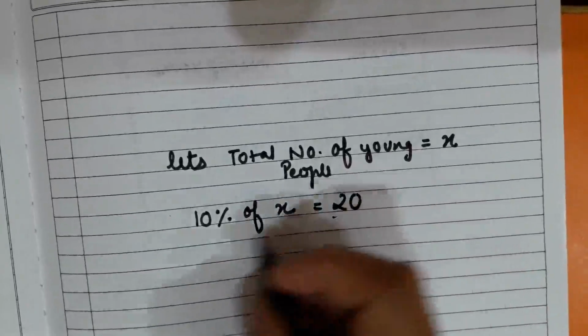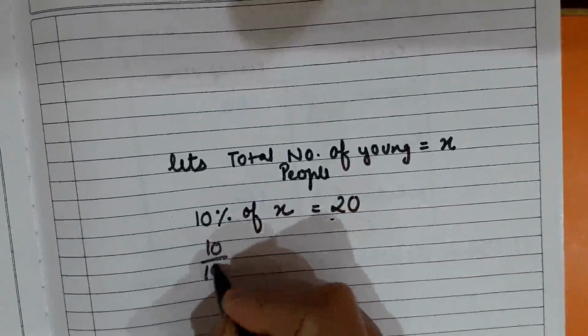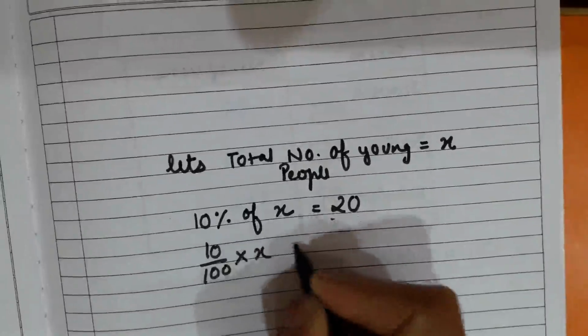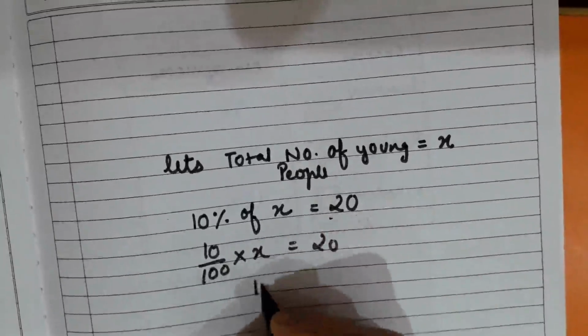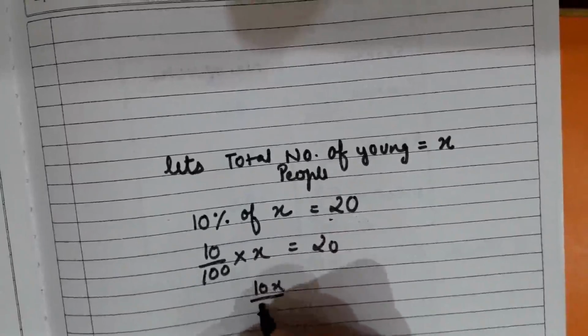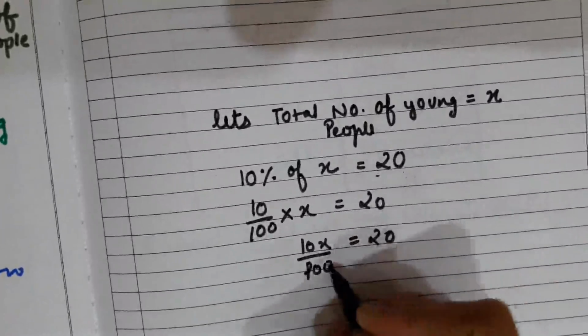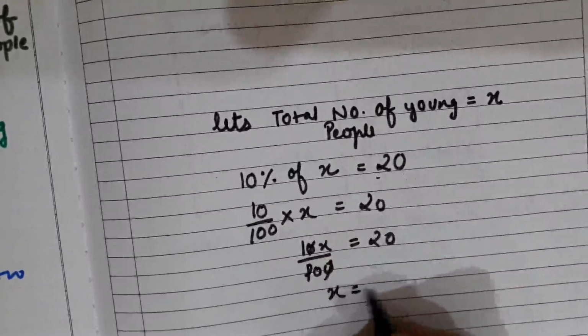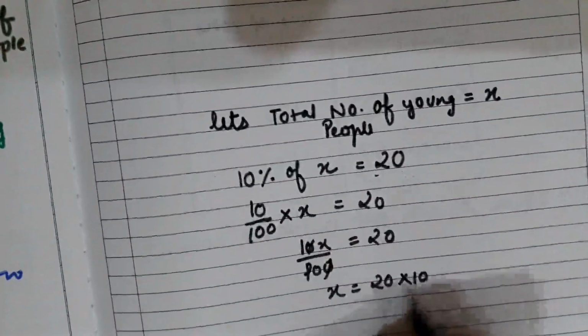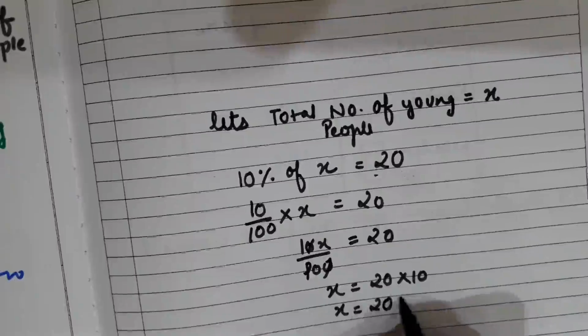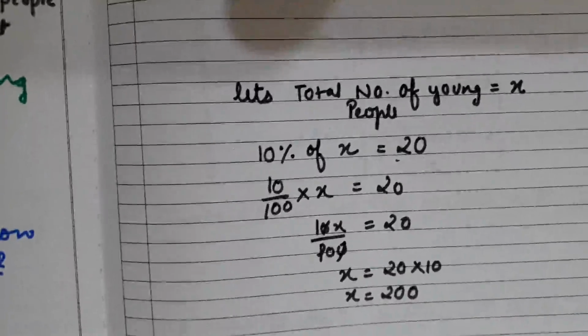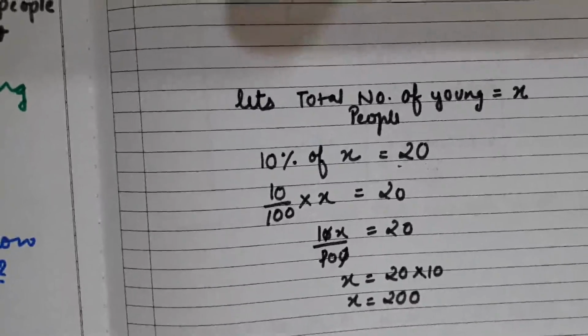So 10% means we can write 10x upon 100 equal to 20. So x equals 20 into 10, x is 200. So the total number of people is 200.